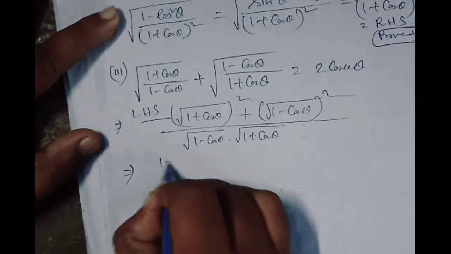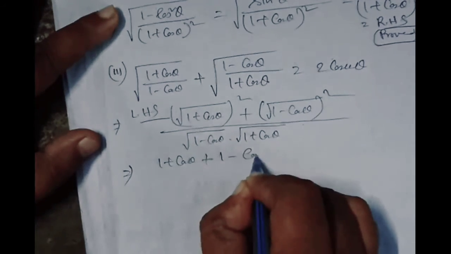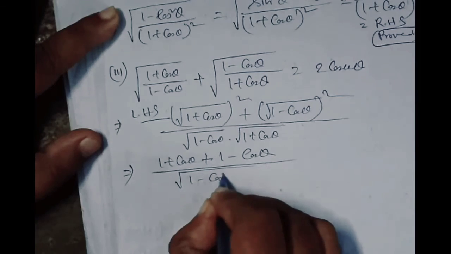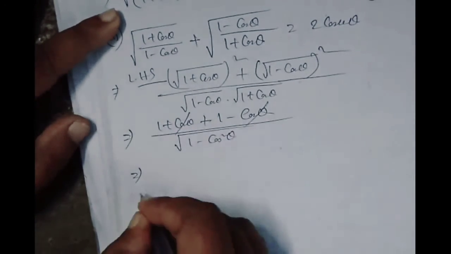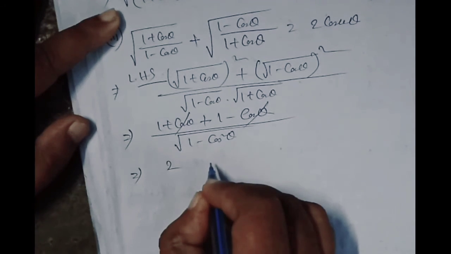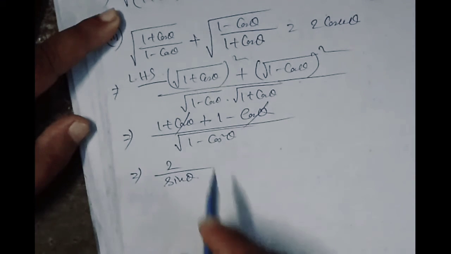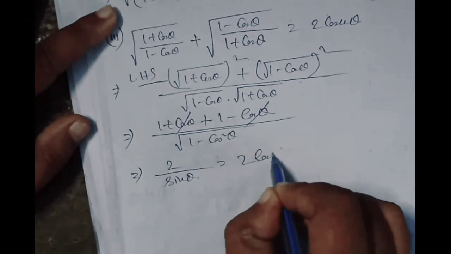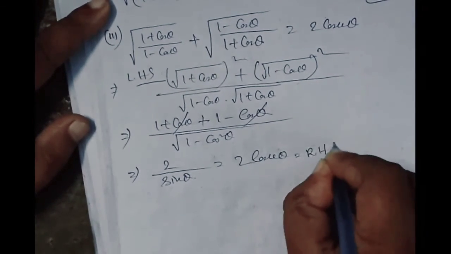Now this is equal to 1 plus cos theta plus 1 minus cos theta by root over of 1 minus cos square theta, which implies the cos theta terms cancel out, giving 2 by sin theta, since under root 1 minus cos square theta means sin theta. That equals 2 cosec theta. That is the RHS.